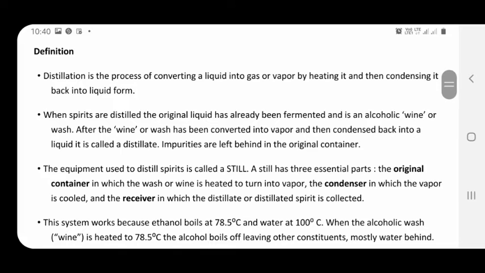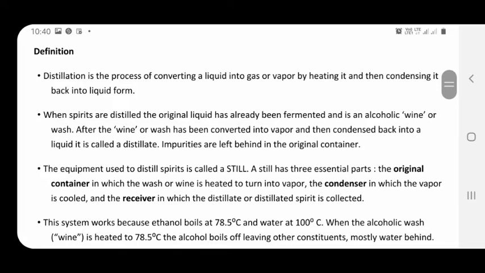You can also say it is a process of separating elements in a liquid by vaporization and condensation. When you are making alcohol, you have to separate the alcohol from the commodity, whatever mass you have obtained from the grain.